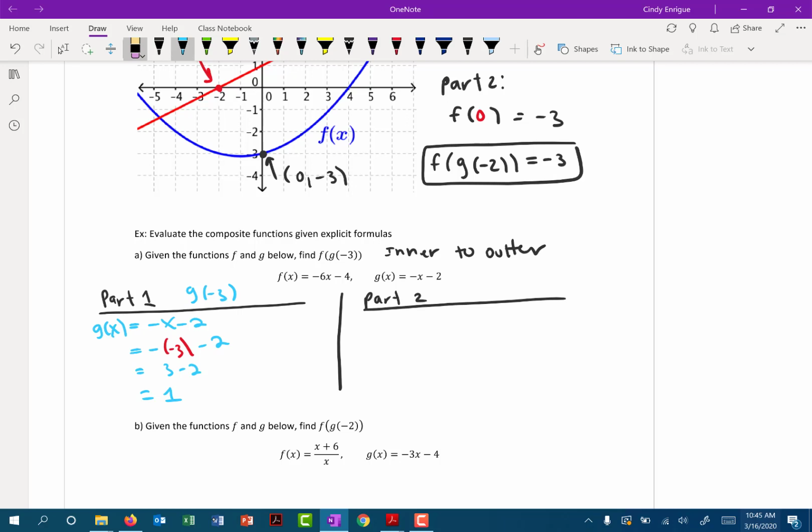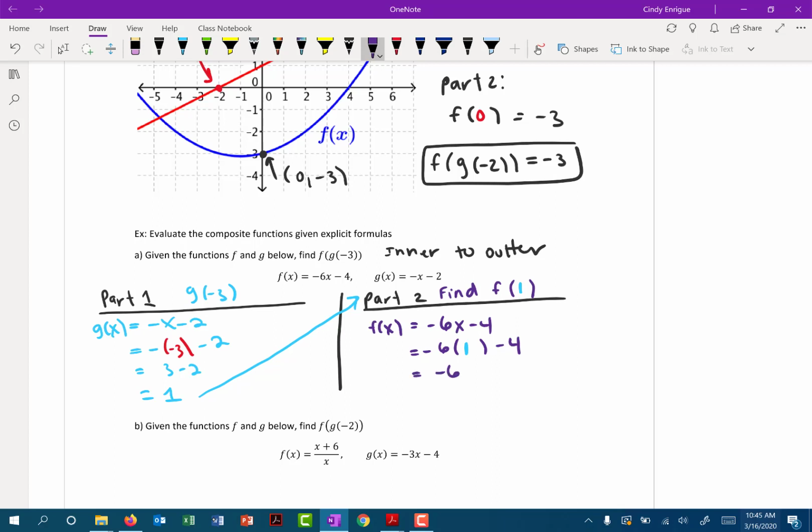So I'm going to take that value and plug it into my f function. What this is telling me is I need to find f of that value that I just found, which was 1. So my f of x is equal to negative 6x minus 4, and that value I'm plugging in is 1, since that's what I found from the first part.